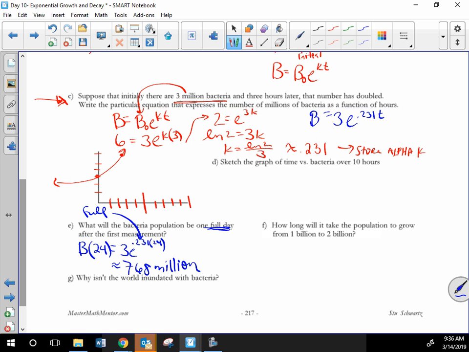Sorry. Is it 200 or 2,000? 2,000. Well, it depends on how many bacteria. This is a million, right?